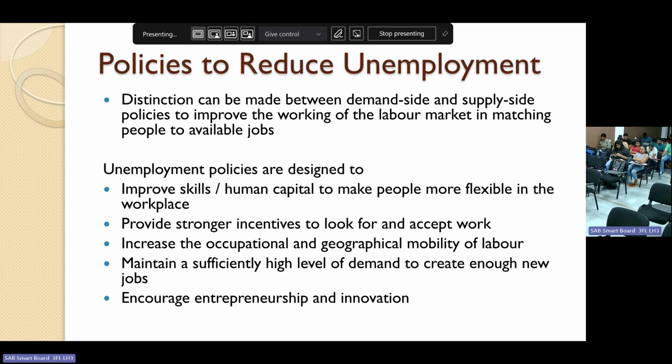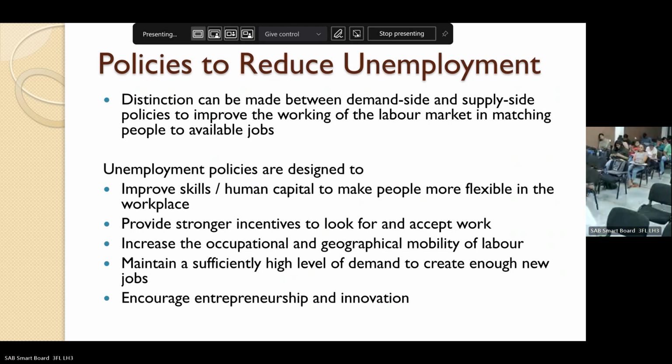And maintain a sufficiently high level of demand to create new jobs, and encourage entrepreneurship and innovation. Those things we suggested, that's why we generate entrepreneurial universities. One can think about encouraging innovations, research and development and so on.